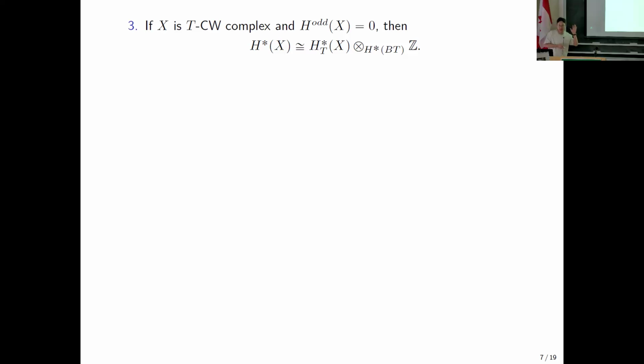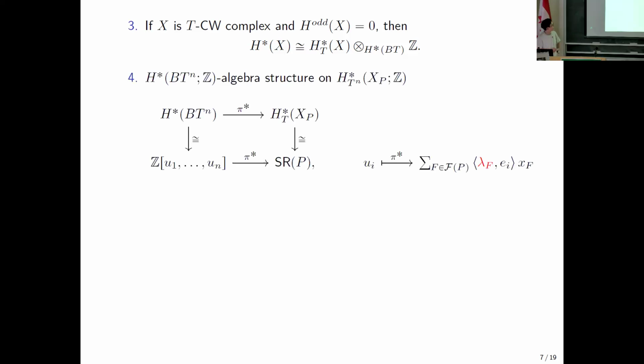So singular cohomology can be obtained from the equivariant cohomology by killing the H^*(BT) algebra structure, right? In this case, remember that my equivariant cohomology is isomorphic to the Stanley-Reisner ring. And also this H^*(BT), as many of you already know, the classifying space of the torus, its cohomology is just a polynomial ring with dimension-many variables, right?